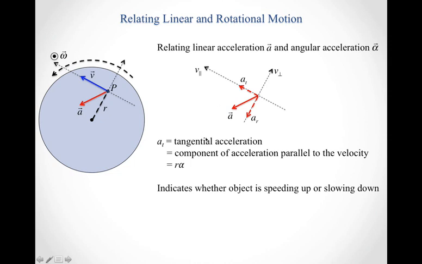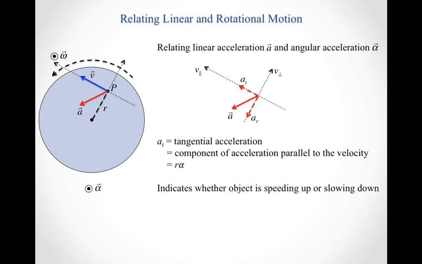The component that is parallel to the velocity is the tangential acceleration. It has the same structure as our previous equations: the tangential acceleration is equal to r, the distance from the axis to the point that's rotating, times the angular acceleration of the wheel. And this indicates whether that object is speeding up or slowing down as it rotates.